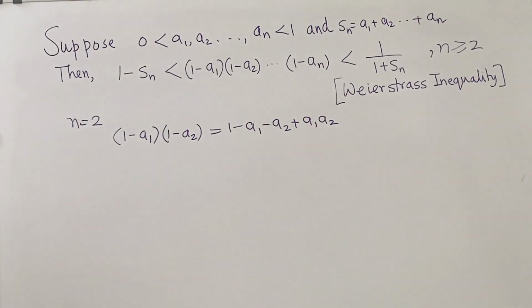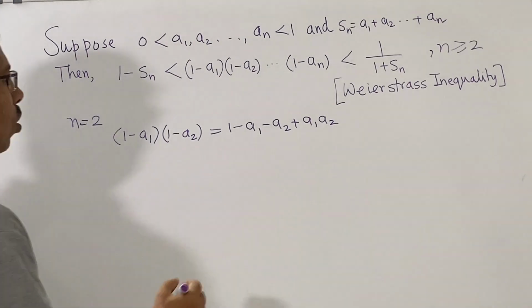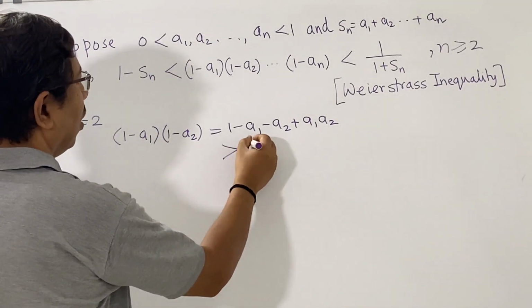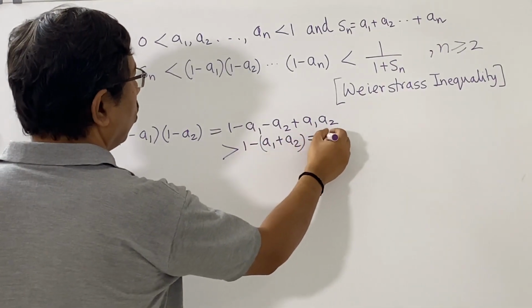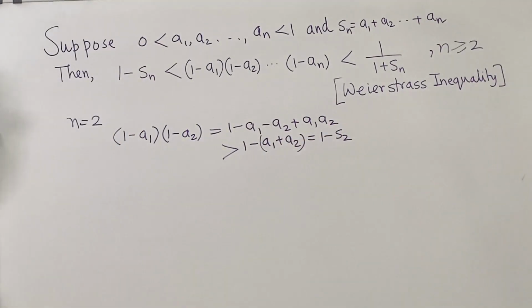Since a1, a2 are both positive numbers, a1 a2 is a positive number. So this is greater than 1 minus (a1 plus a2), which is equal to 1 minus s2. So this proves that 1 minus s2 is less than the product (1 minus a1)(1 minus a2).